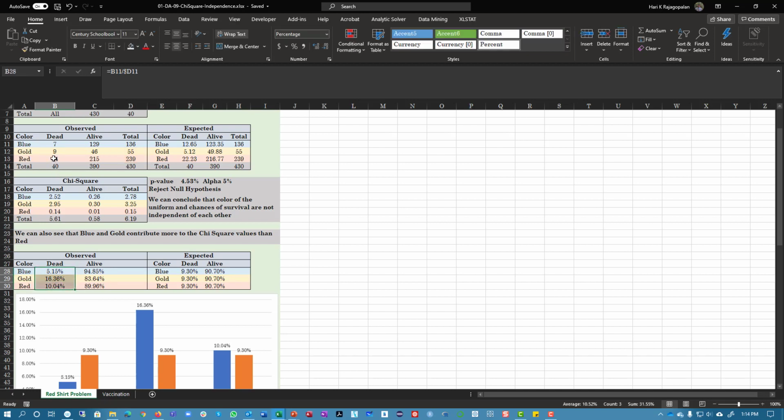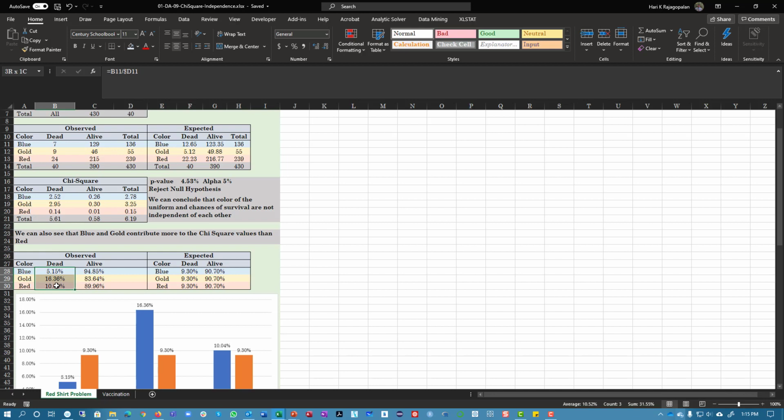The fallacy that red people are more likely to die is because you are actually looking at the number of dead people and seeing how many have red shirts, and that will give you 60%. But that's not what you want to look at. You want to look at among the blue shirts, how many of them die? Among the gold shirts, how many of them die?